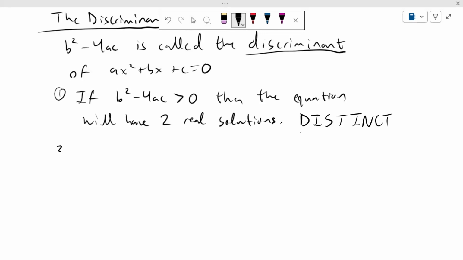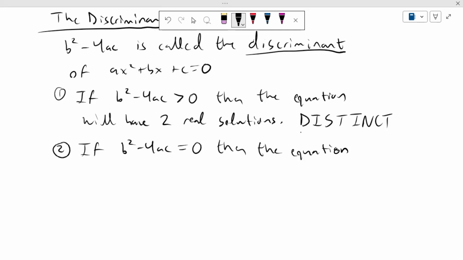On the other hand, if b squared minus 4ac is exactly 0, then the equation will have one repeated solution. Okay, so I'll just have that one repeated solution then.